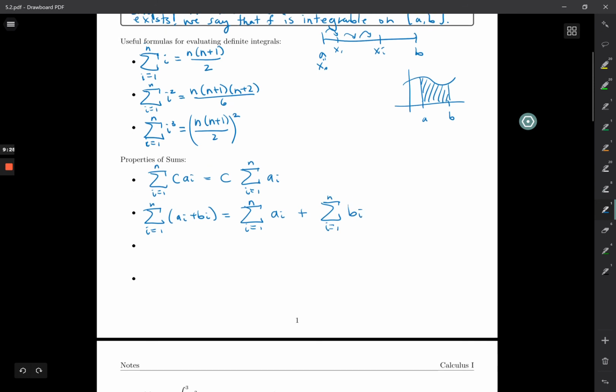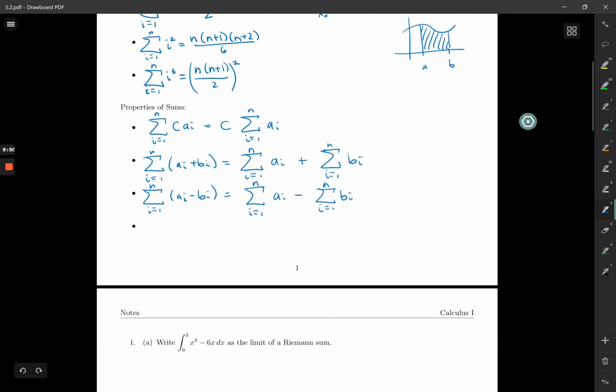And so this would just involve rearranging the terms, and we know that we can do that with addition, so no problems there. And then it works the same way if you have a_i minus b_i. We can split this into the sum from i equals 1 to n of a_i minus the sum of b_i, right?